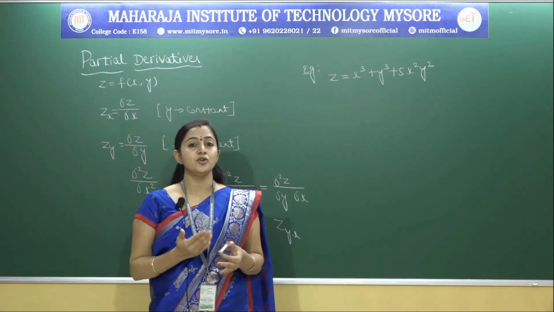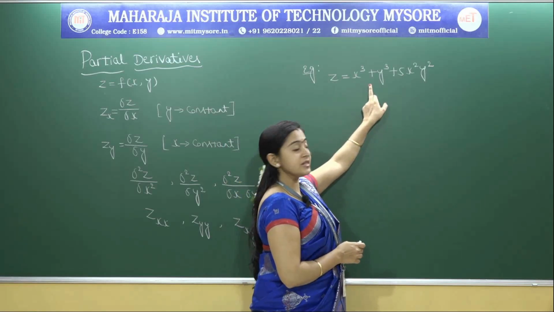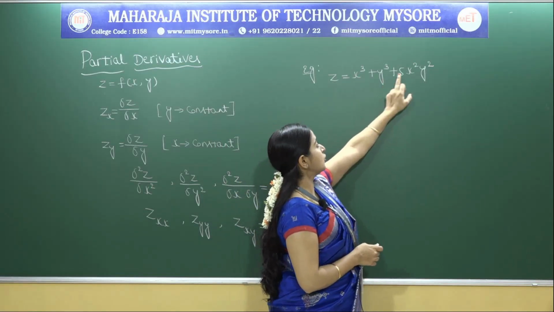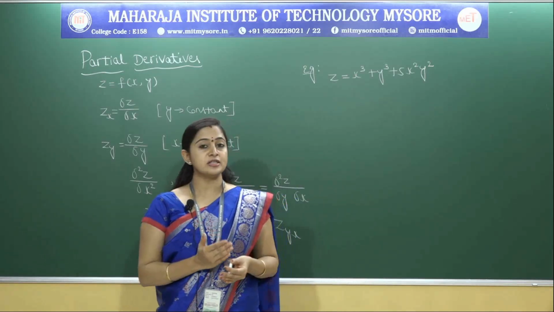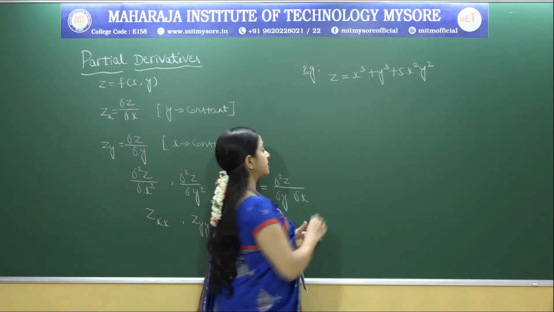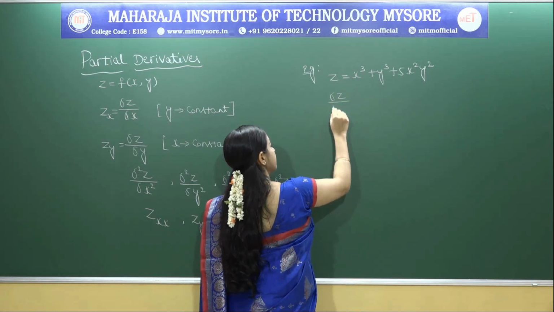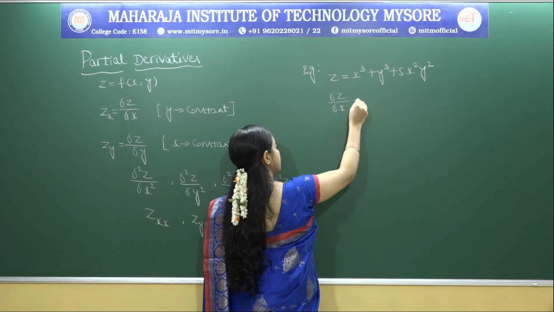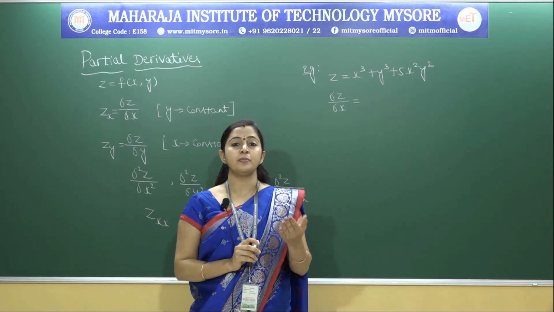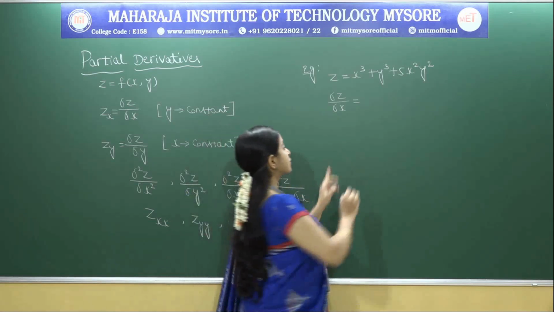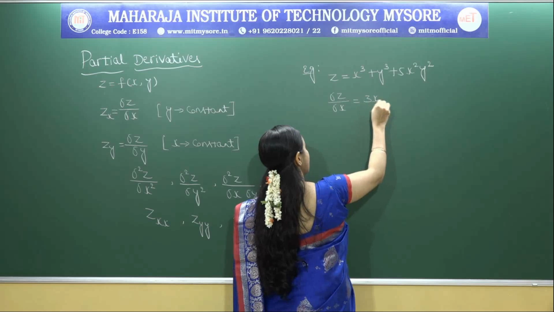For example, consider the function z of the two variables x and y, z equals x cube plus y cube plus 5x square y square. The first partial derivative of z with respect to x, keeping y constant, is del z by del x. Differentiating x cube gives 3x square.